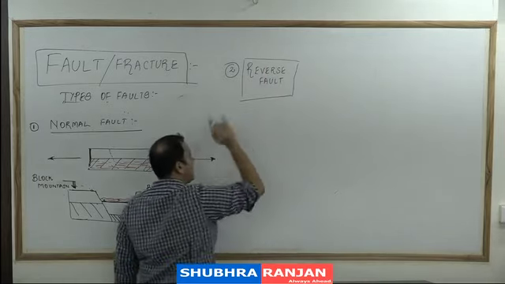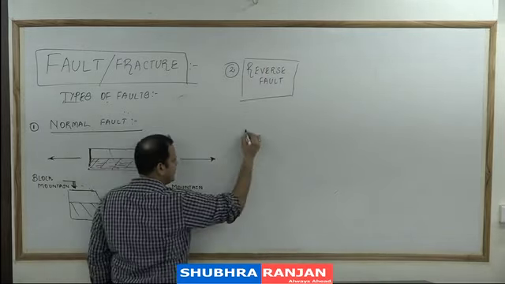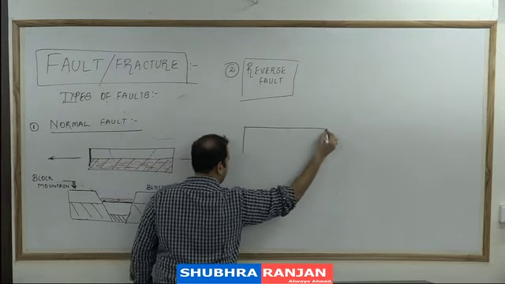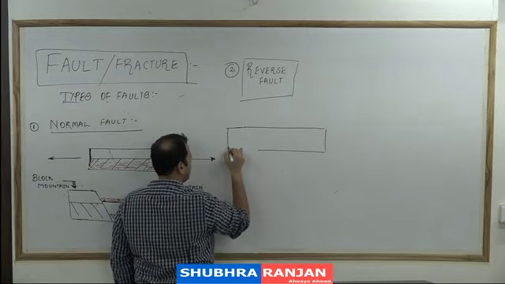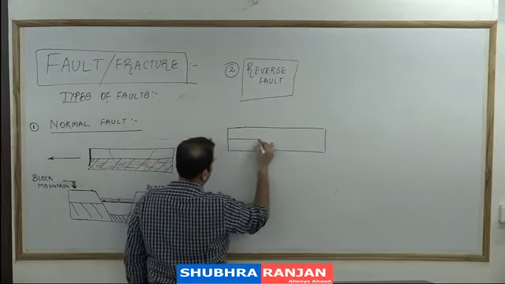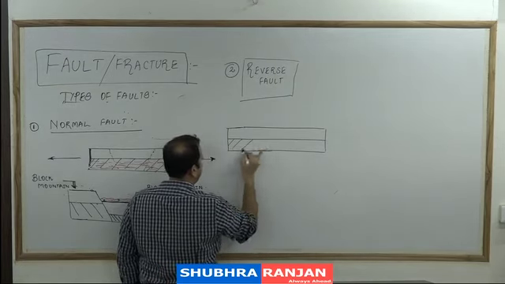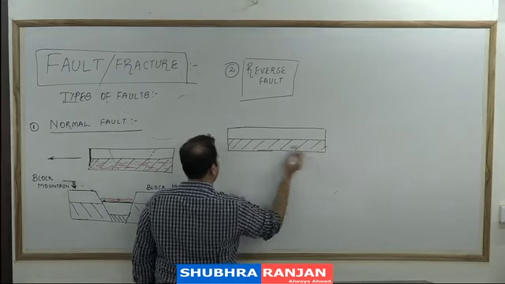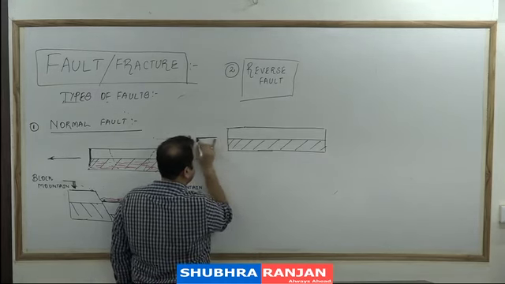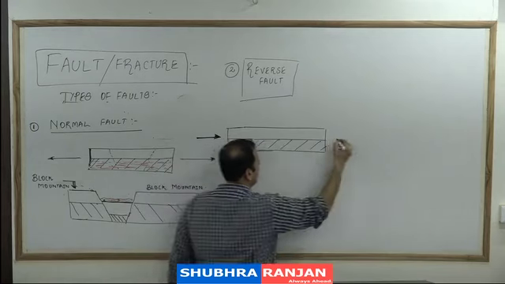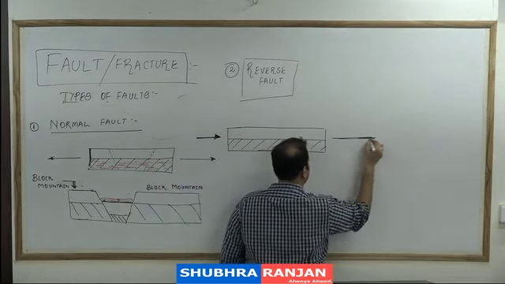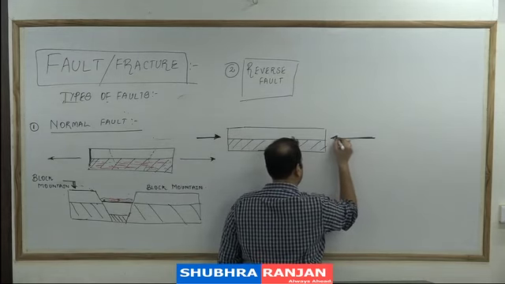Reverse fault. Why reverse fault? See, this is again our imaginary landform. But now the forces that are acting, which force is this? Tensional or compressional? This is a compressional force.